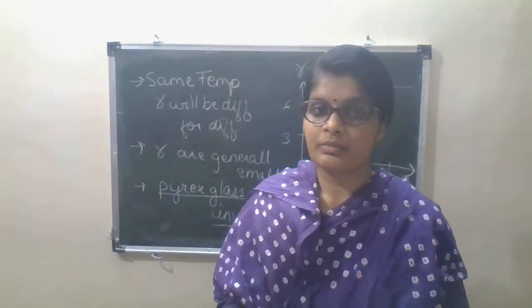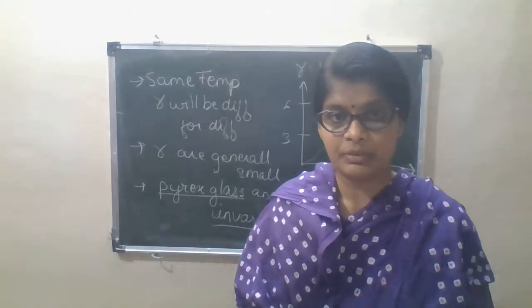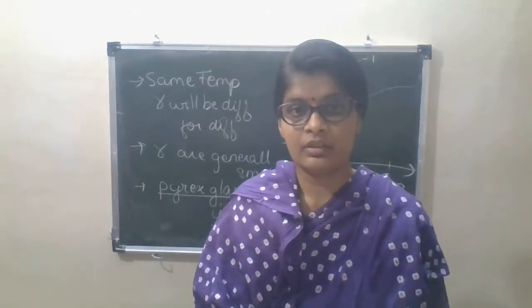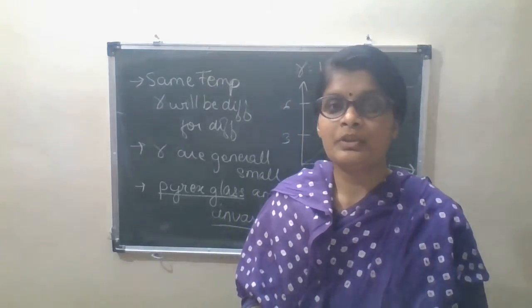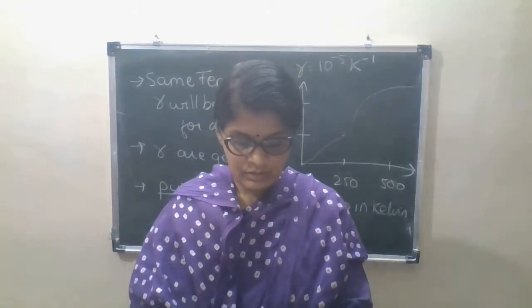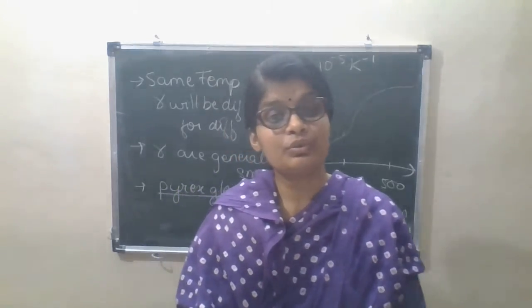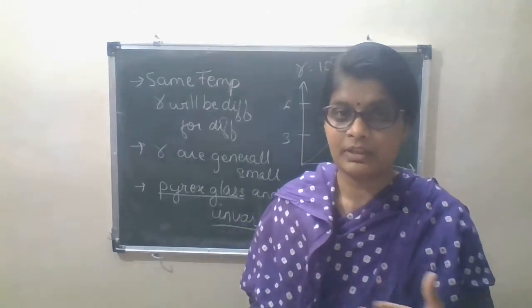In the case of the simple pendulum, the same thing is happening. Because of the temperature, there is a change in the length, and because of that, the experiment does not get the correct values. In order to overcome that difficulty, we use this gamma term.